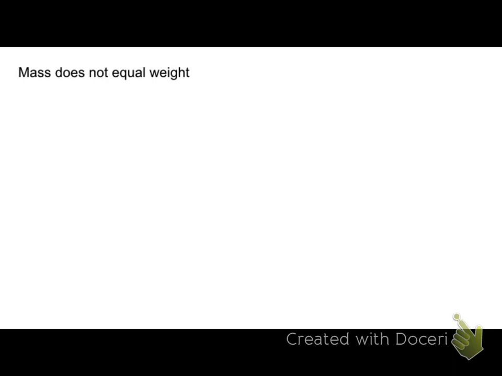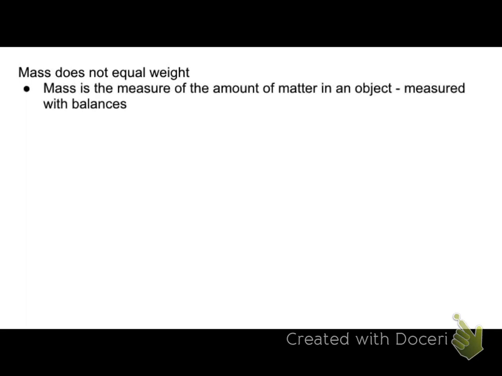So before we talk about things other than base units, let's talk about a couple of concepts that we need to clear up. The first is that mass does not equal weight. In common speak, when you hear people talking about mass and weight, they tend to correlate them and make them the same thing, but they are not in fact equal.